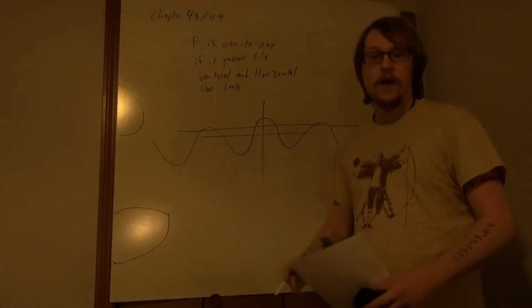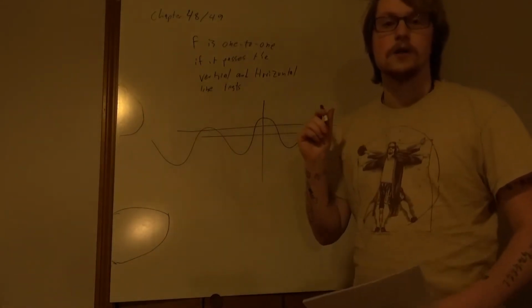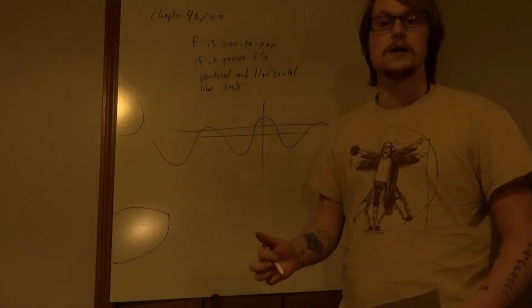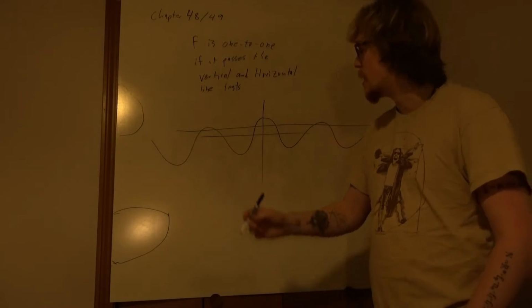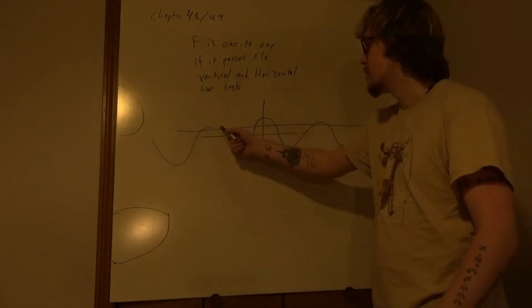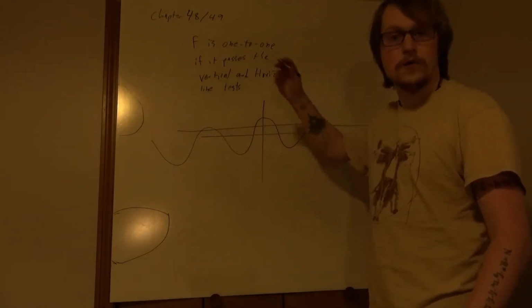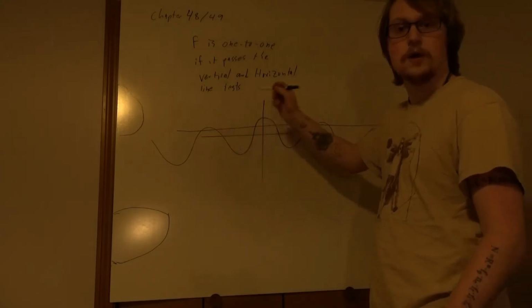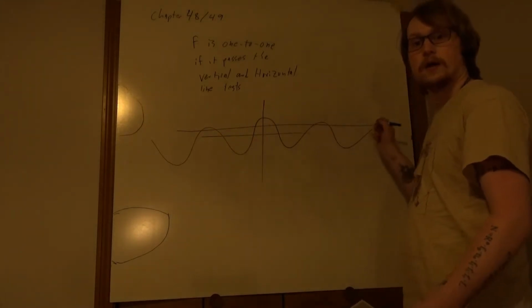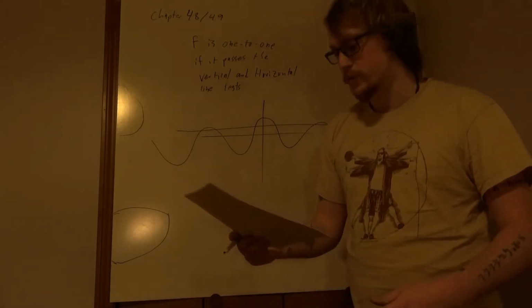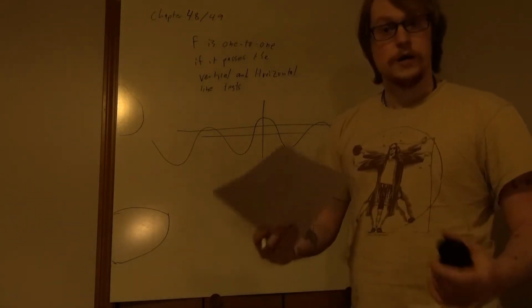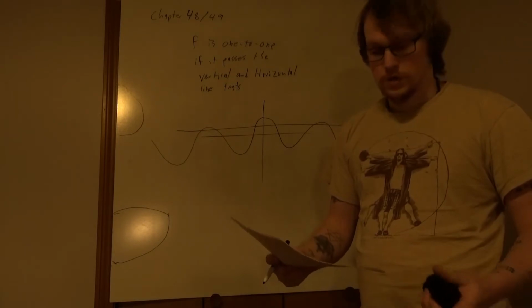In fact, if any horizontal line touches the graph of sine or cosine in at least one spot, it has to do so infinitely many spots because it is periodic, right? So anywhere that a horizontal line touches it somewhere, it'll also touch it one period later, and another period later, and another ad infinitum. So sine and cosine are not one-to-one functions.